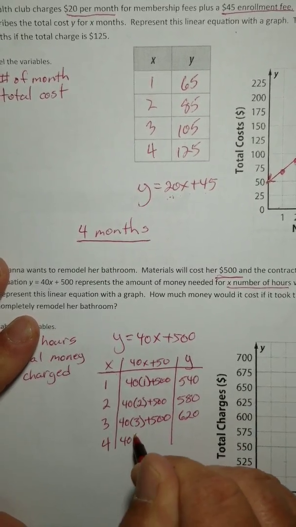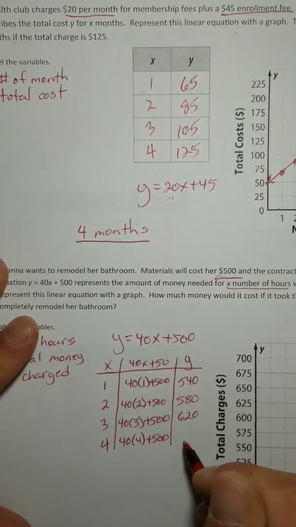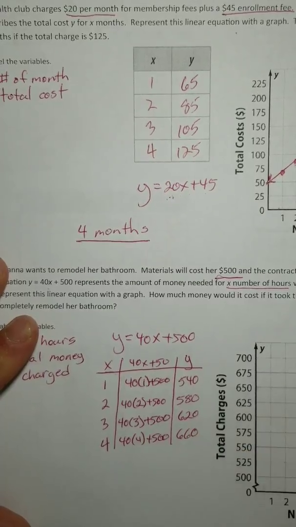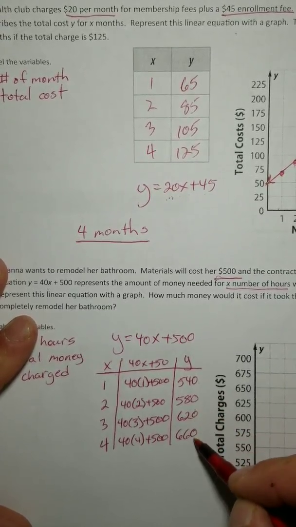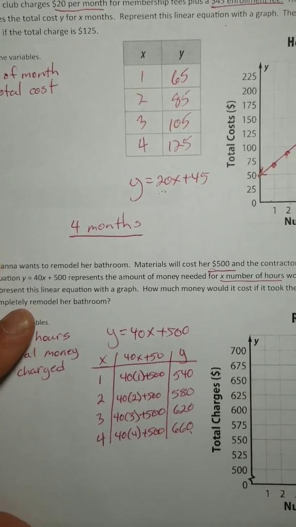And then 40 times 4 plus 500 is 660. So if you notice, how much did it go up each time? It went up 40. That is a constant rate of change.